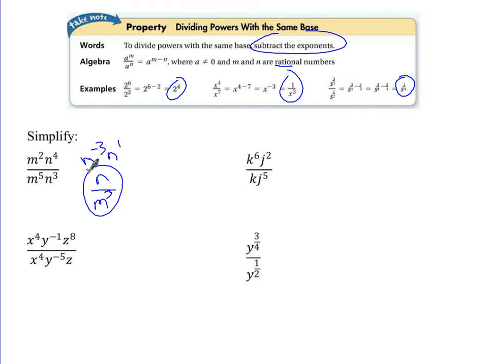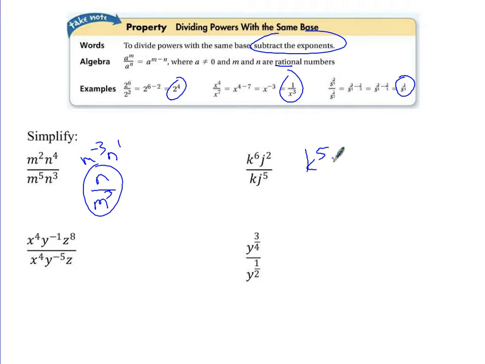All right, how about that next one? K to the sixth j squared divided by kj to the fifth. So we have k to the sixth divided by k, which is k to the fifth. J to the negative third.